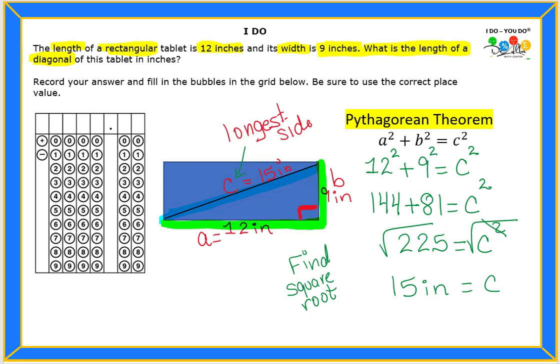So my answer is 15, so I'm going to come back to my grid, and 15 is a whole number, so it goes to the left of the decimal. I'm going to bubble in the 1 and the 5. It's a positive answer, so if you don't want to bubble in the positive, you don't have to.